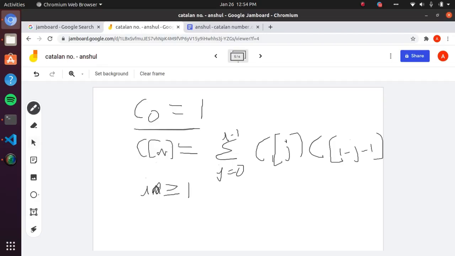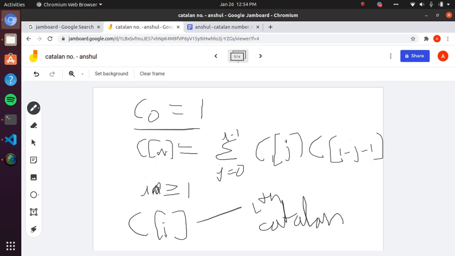And I forgot to discuss the state. The state is nothing but Ci denotes the ith Catalan number. It is a very simple DP solution. If you know the very basics of DP, then it will not be difficult to understand this solution.